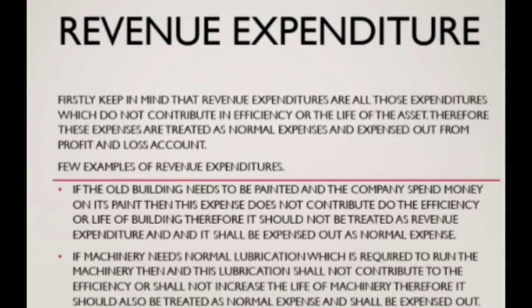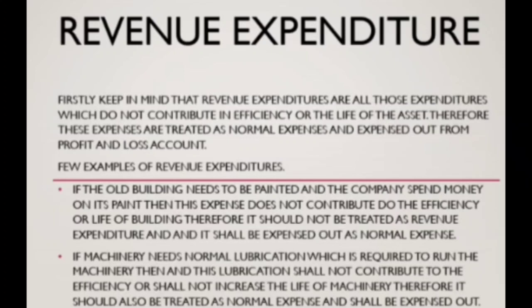For example, if an old building needs to be painted and the company spends money on paint, it does not contribute anything to the efficiency or life of the asset. Therefore, it shall be treated as a normal expense and expensed out, rather than added to the cost of the asset.